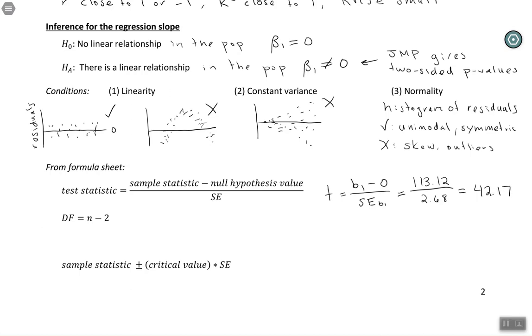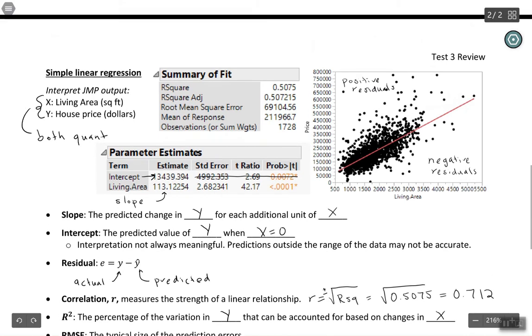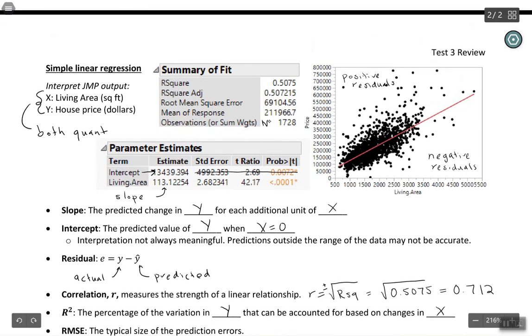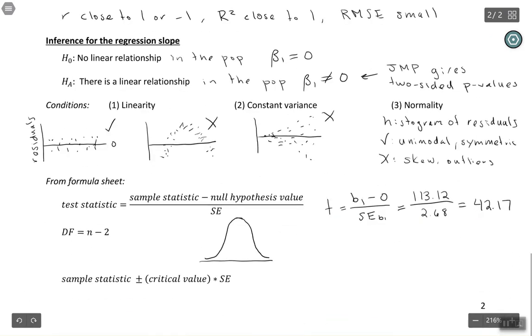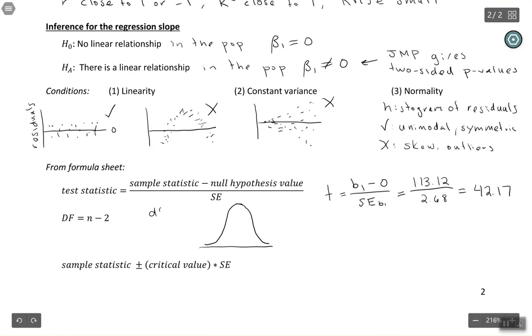That's your test statistic. And if you wanted to calculate the p-value, you would be comparing it to a t-distribution with the degrees of freedom n minus 2. So up here is our sample size. This is our n. So a really large sample size, 1728. So our degrees of freedom here, this is a t-distribution with degrees of freedom 1726.